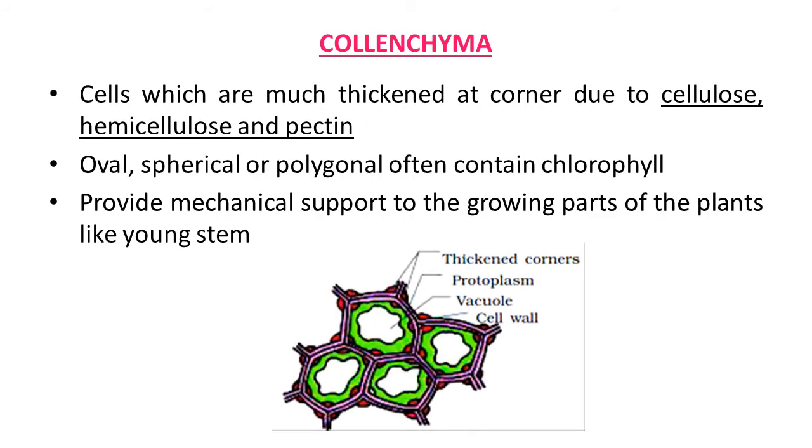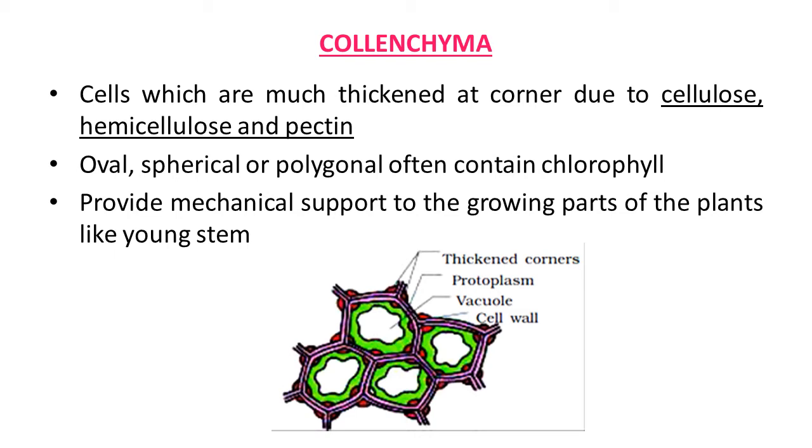The second type of simple tissue is collenchyma. Here the cells are comparatively much thickened at the corners because of deposition of cellulose, hemicellulose and pectin. Such deposition was absent in the first type of tissue, parenchyma, where the cell wall was thin and made up of cellulose.